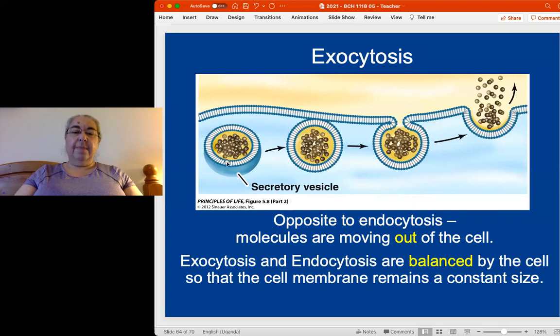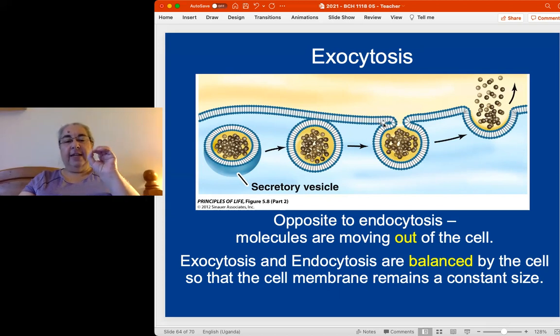So the membrane enclosed vesicle moves until it makes contact with the plasma membrane of the cell. And because of the nature of the lipid, because of how fluid it is, it's very easy for that vesicle of lipid to fuse with the membrane of the cell.